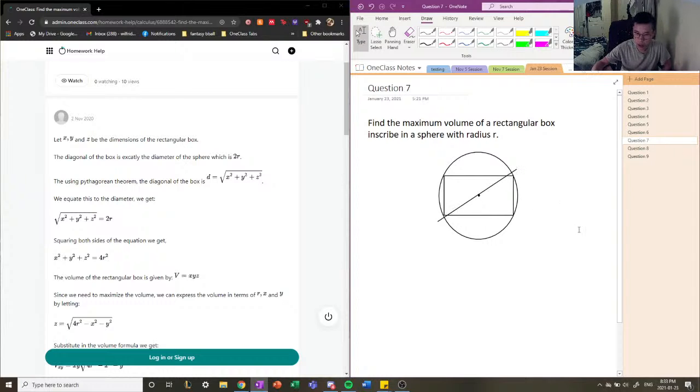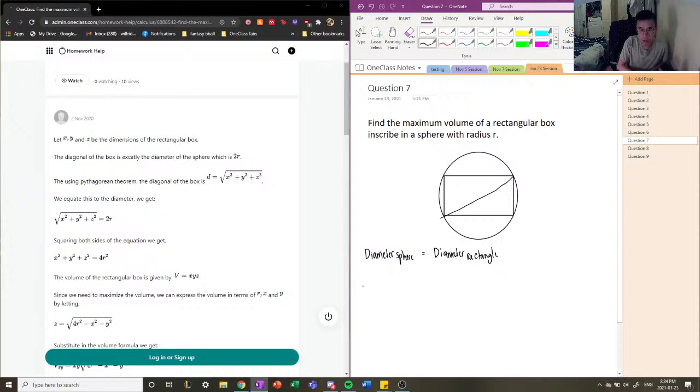The diameter of our rectangle is the same as the diameter of our sphere, okay? So the diameter of the sphere is equal to the diameter of the rectangle, okay?